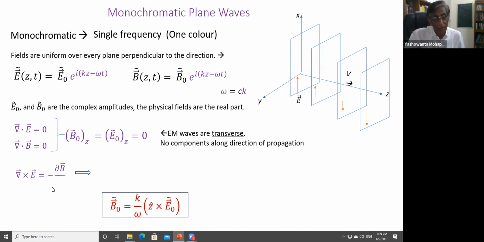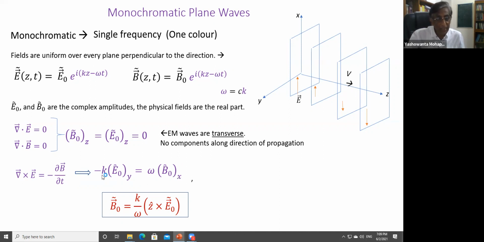Now if I say del cross E is minus del B by del t, then that gives me a new condition. Taking the Y component of E naught, which I keep complex now, del cross E gives me k E naught y, and del B by del t will give me omega B naught x.